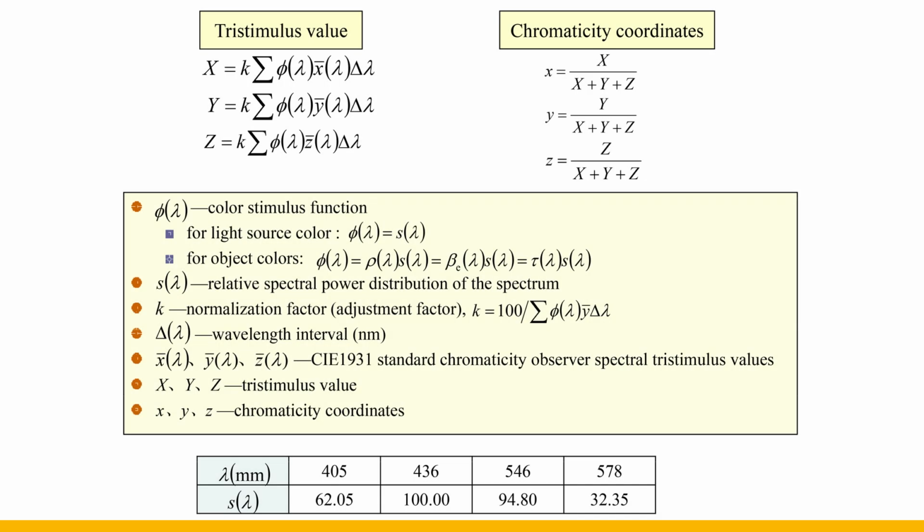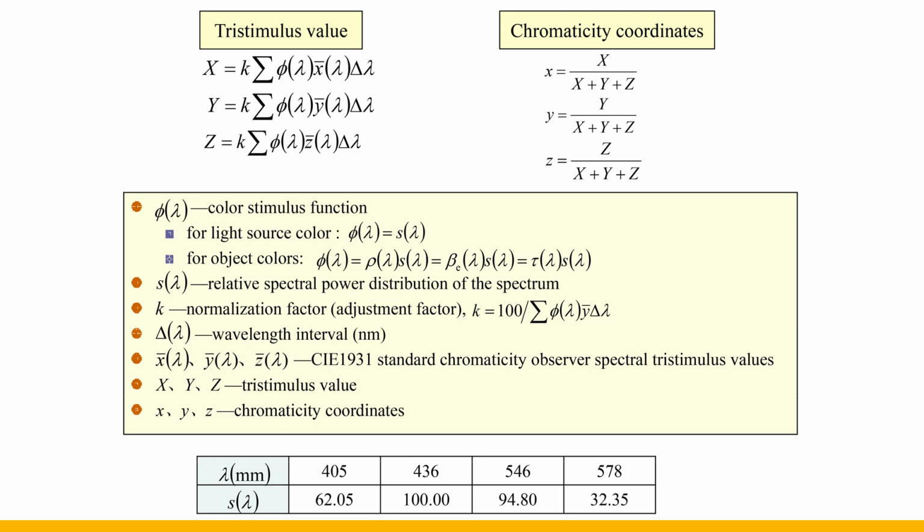The uppercase XYZ are the stimulus values of the color. X and Z only represent the chromaticity, and Y represents the chromaticity and light quantity. The light quantity includes luminous flux, light transmittance, light reflectance, brightness, and brightness factor. The lowercase xyz are the chromaticity coordinates of the color.